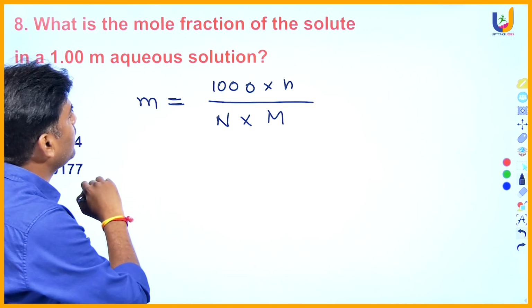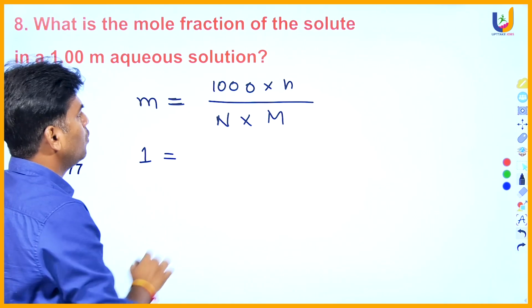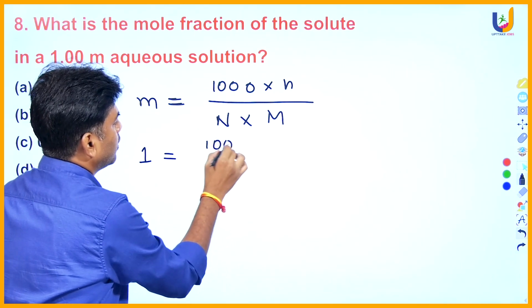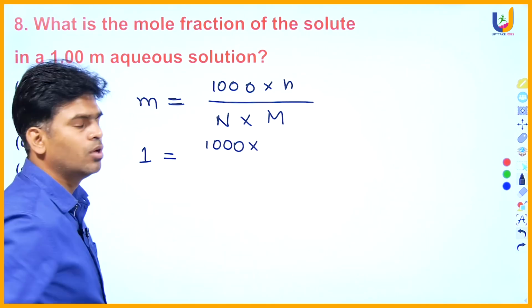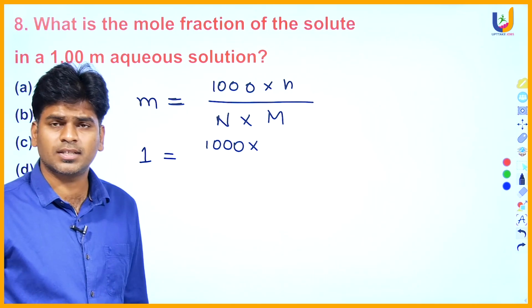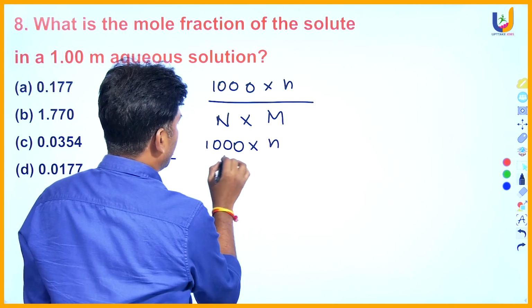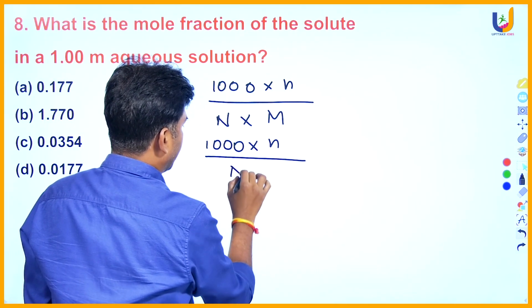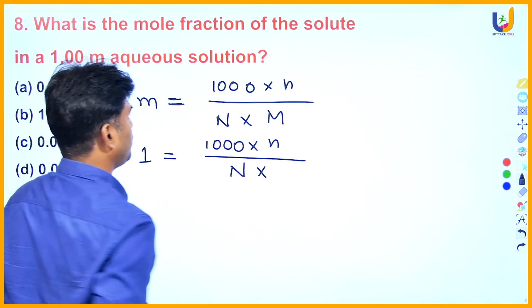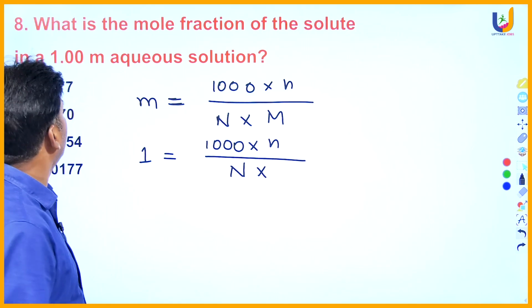Here we have taken molality as 1 because they have only mentioned that, into 1000 into the number of moles of solute. We will be simplifying n by capital N into the molar mass of solvent. What is the molar mass of solvent?